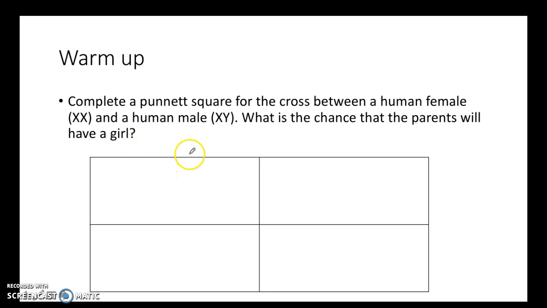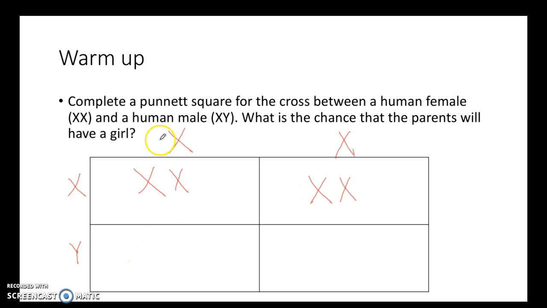To do this is very simple, because you know that one of the parents is going to go on the top like this, so that's the mother, and then the father will go on the side, the X and the Y will go here. And so what you do is you want to match them, right? We've been doing this for a little bit now, so you should be able to do this.